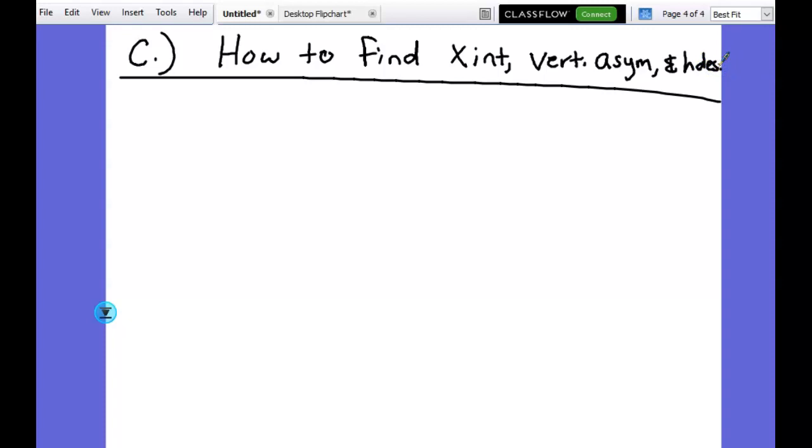All right. So first, you want to make sure you factor the top and the bottom. Now I didn't mention that on the last page, but you do need to do that first. So you will factor the numerator and denominator.